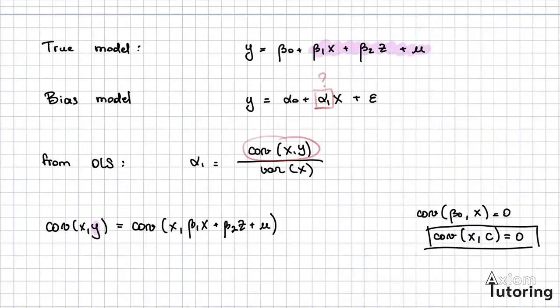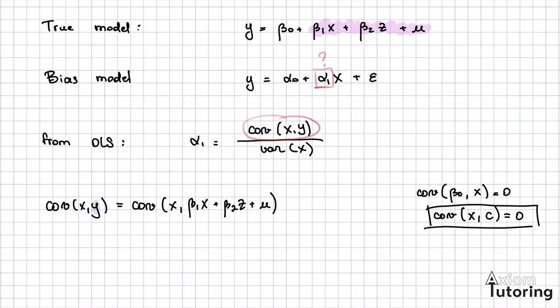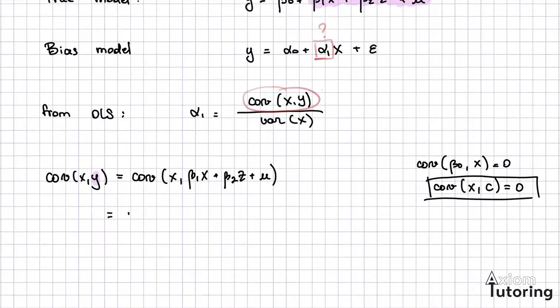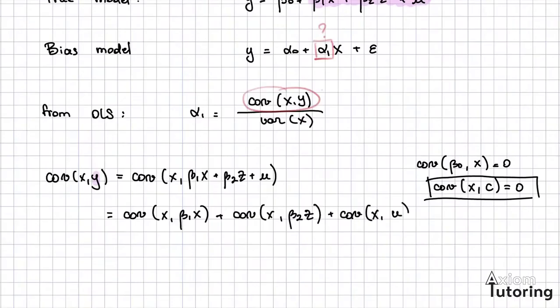Let's use the linearity of the covariance operator and expand this expression. We'll be left with the covariance of x with beta 1 x, plus the covariance of x with beta 2 z, plus the covariance of x with the error term u. From here, we're going to use two very important properties.